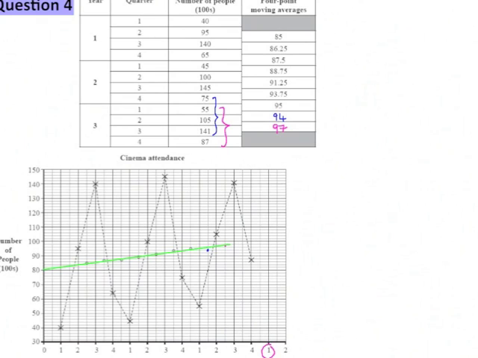We can extend it here. So extending our line along, we can see here that at quarter 1 in year 4, we're looking at approximately 100.